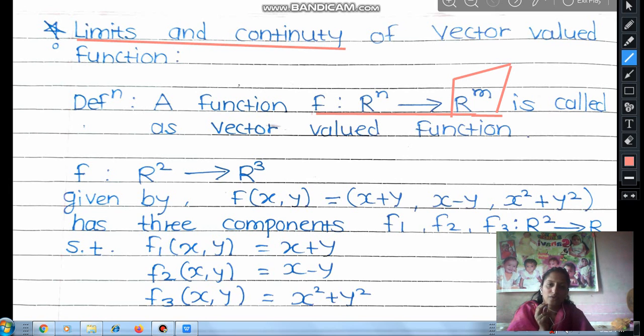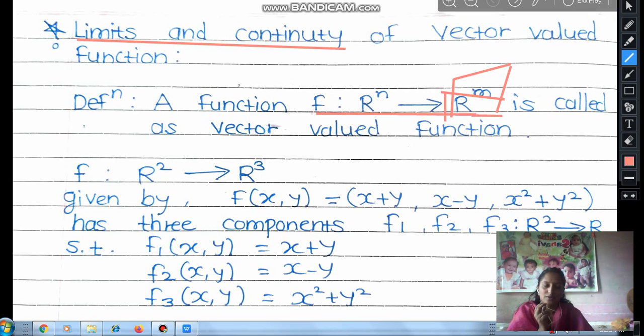For Rn to R, the function is in modulus form, but here the function is defined from Rn to Rn, so in this case we use the norm. This is the only difference between scalar field and vector field.